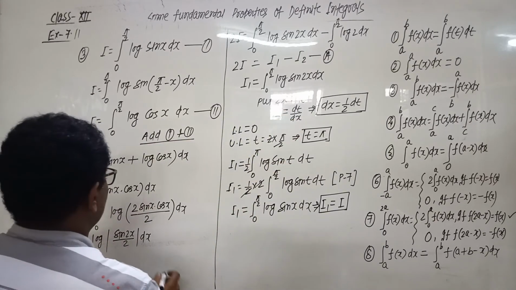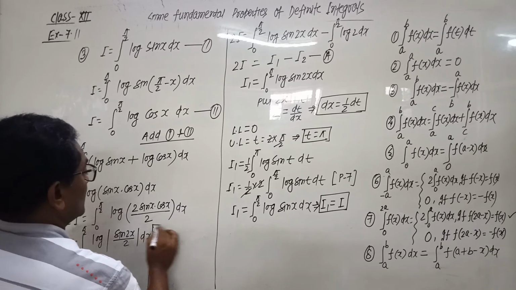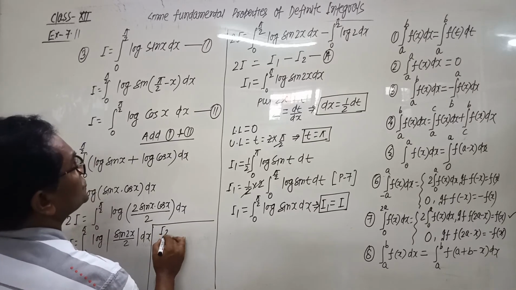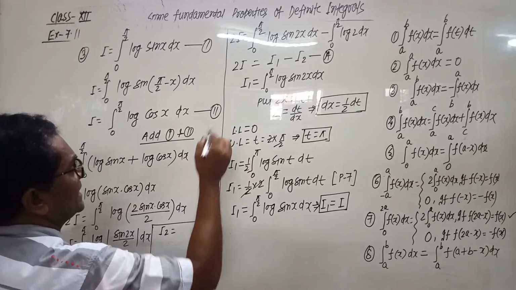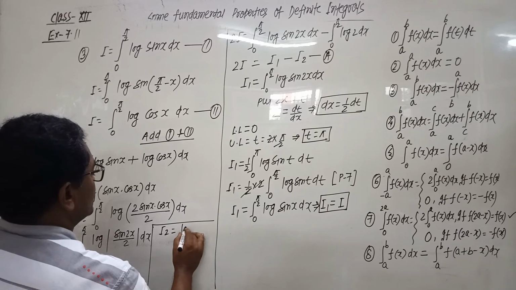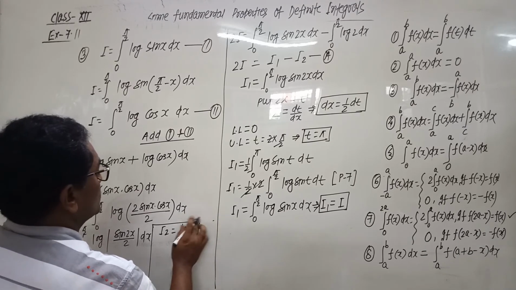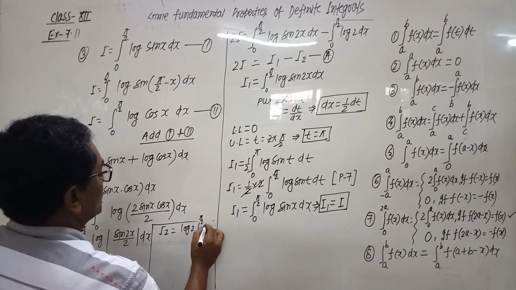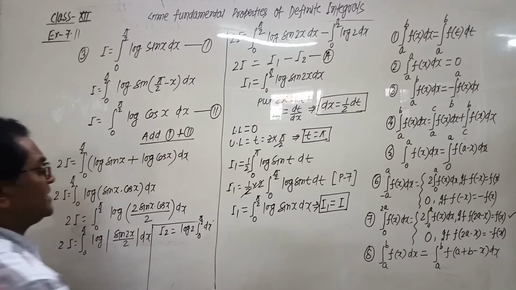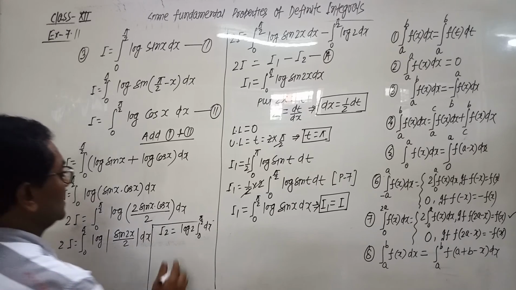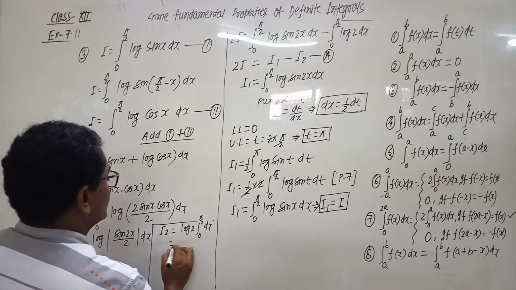So I2 was integration from 0 to pi by 2 of log 2 dx. Log 2 is written outside as a constant term, and the integration of dx is x.